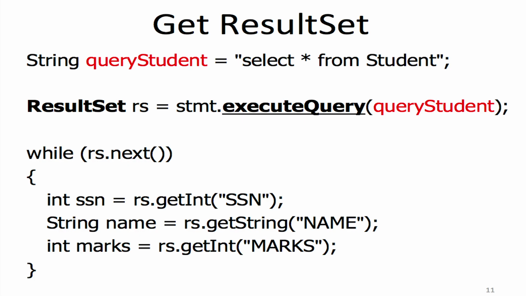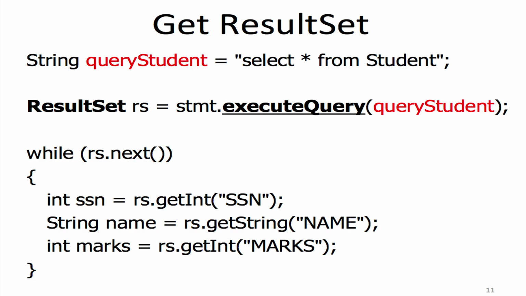It will execute the same statement, select asterisk from student, and it will be referenced by rs. Now it is referenced by rs instead of queryStudent. So rs means all the records from the student table.